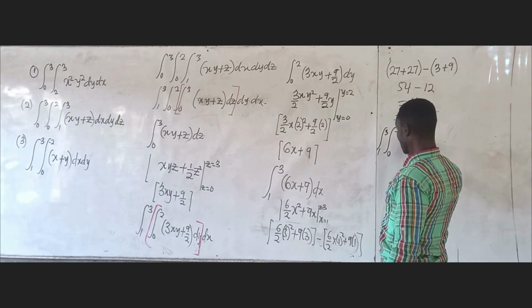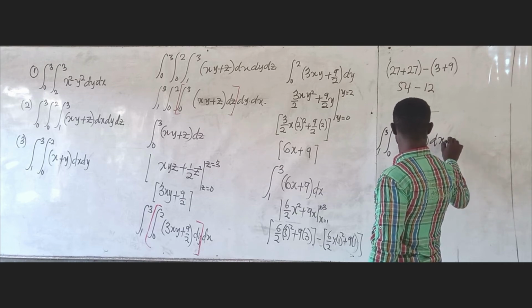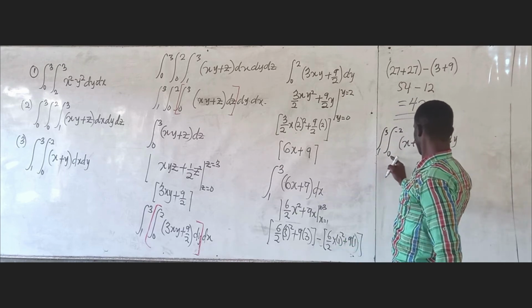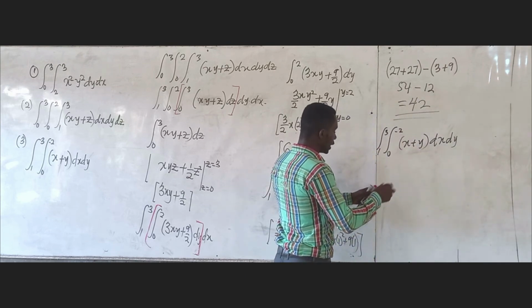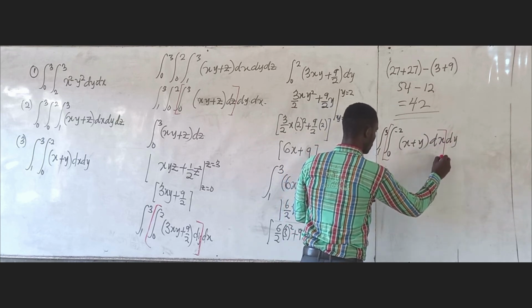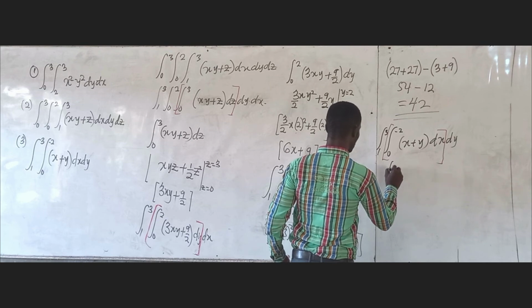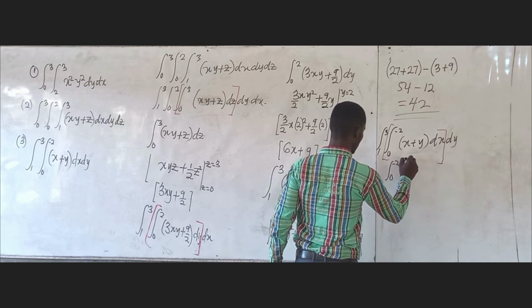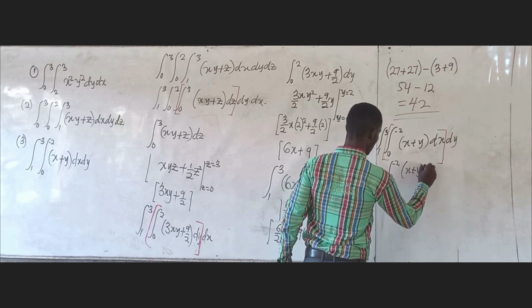For this one, this is x plus y dx dy. So when you pick the inside dx, the dx goes with this. So it will be integral 0 to -2 of x plus y dx.